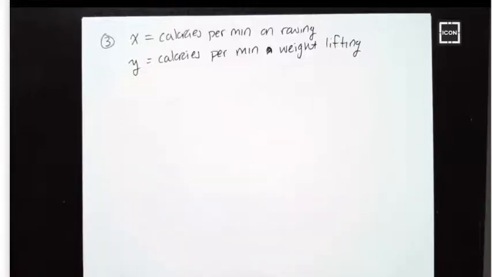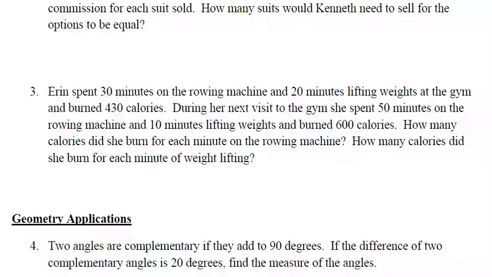So now we can use these two variables to write two equations. We know the time she spent on each item at each visit at the gym. So first she had 30 minutes of rowing, so it's 30 times x, plus 20 minutes weightlifting, plus 20y, and she burned 430 calories in total.